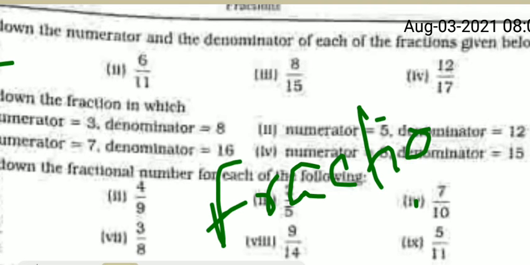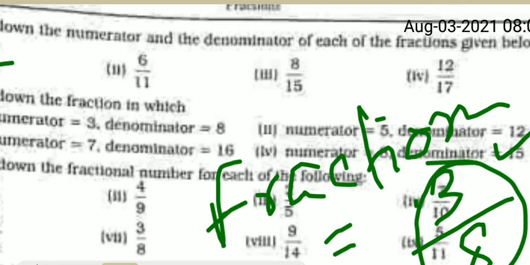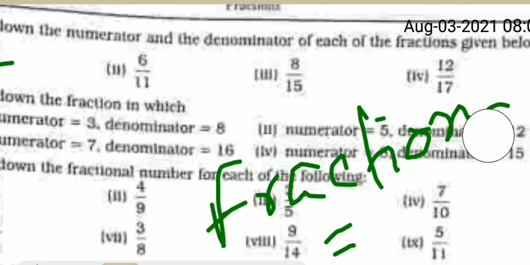So the fraction will be equal to 3 by 8. This will be the fraction. Numerator will be written on the upper side and denominator written on the lower side. So this is the fraction. Okay. So in this way you have to solve question number 6, all the questions carefully.